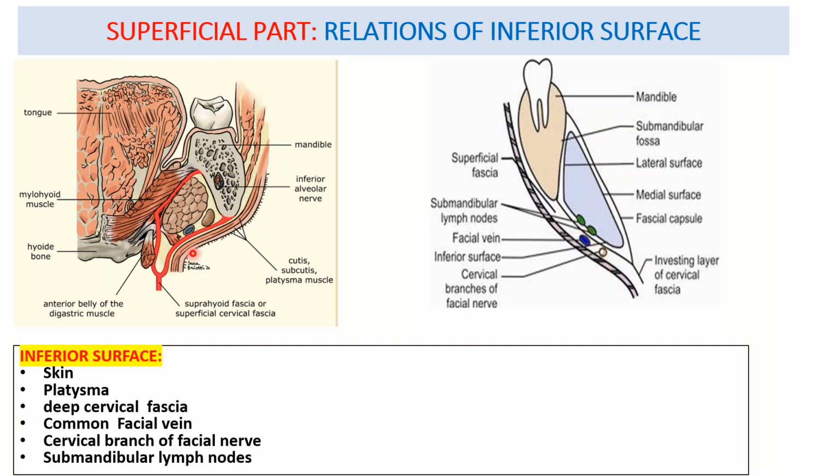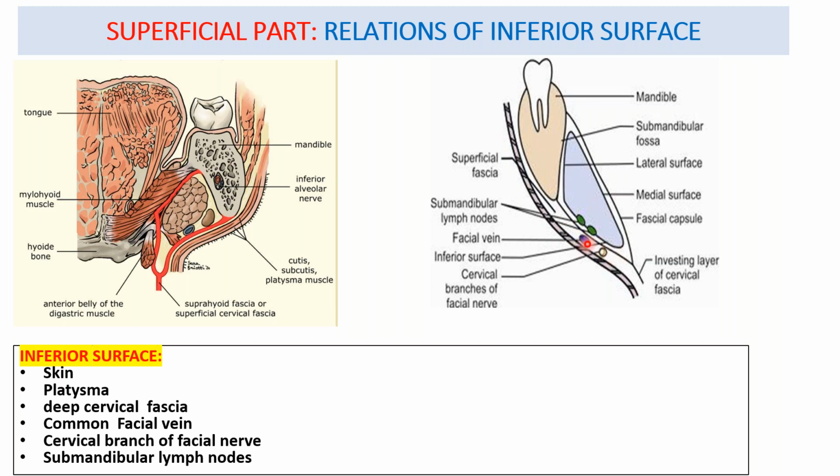First and foremost, the skin is related to the inferior surface. Then the muscle called the platysma, the superficial muscle. And over here also we can see the skin and the platysma. Then this investing layer of the deep cervical fascia will be covering the inferior surface.